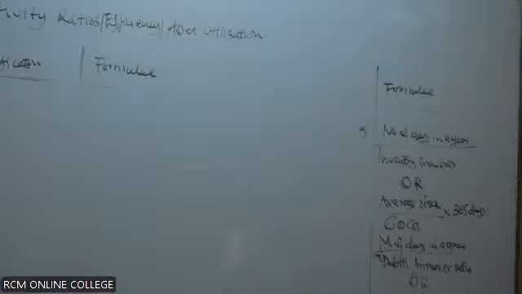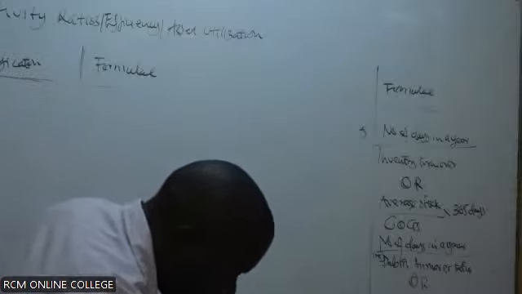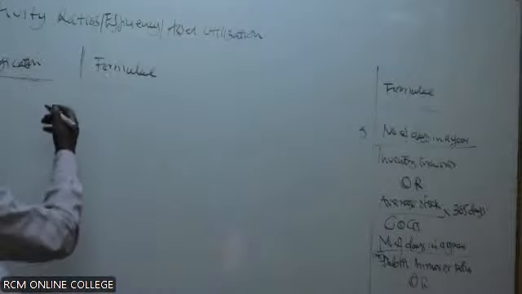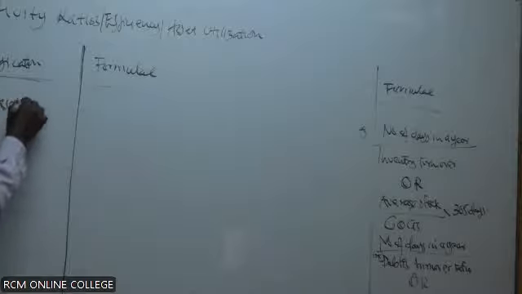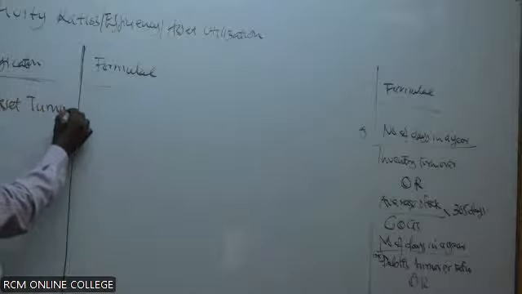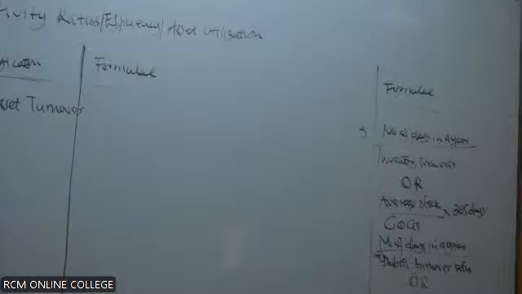So number 7, in this case, we can have the fixed asset turnover ratio. Fixed asset turnover ratio.